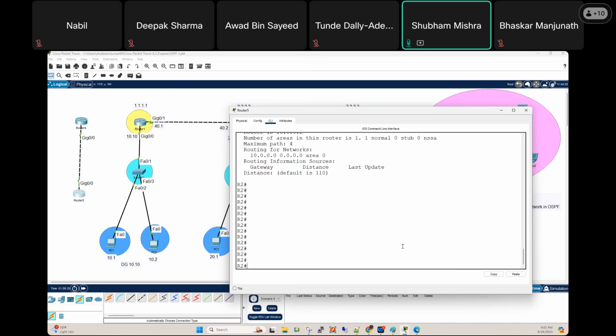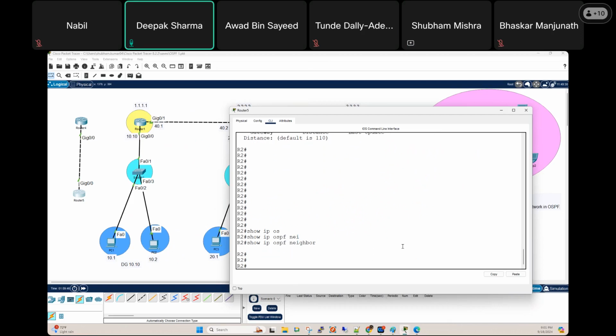Now tell me one thing. Both routers should become neighbors, yes or no? Yes, sir. So show IP OSPF neighbor. Do both routers become neighbors? They do not become neighbors.